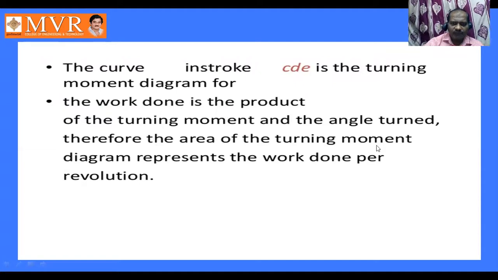Therefore, the area of the turning moment diagram represents the work done per revolution. For one revolution, a revolution contains 360 degrees.